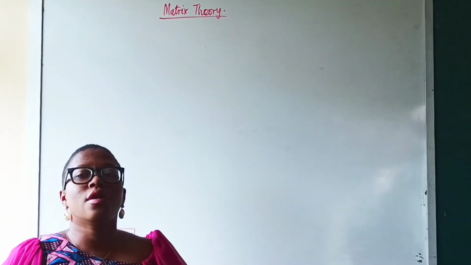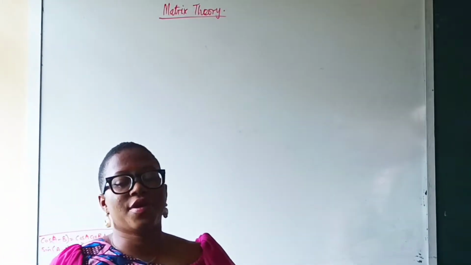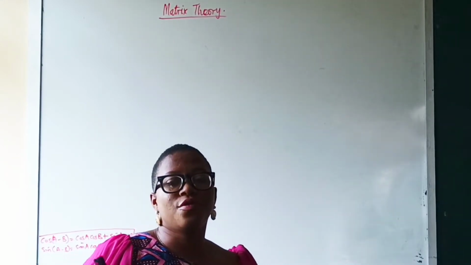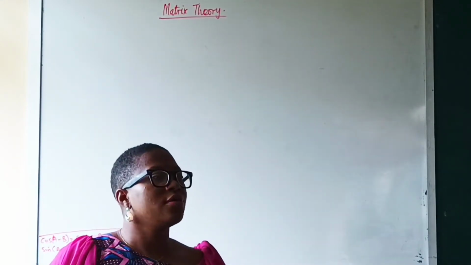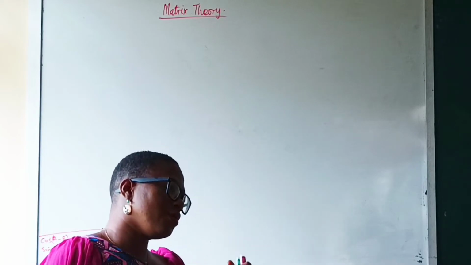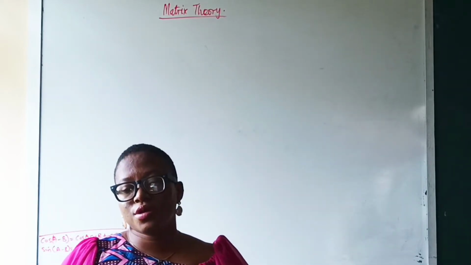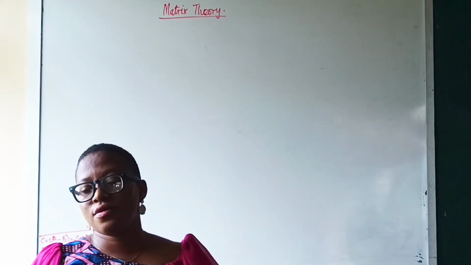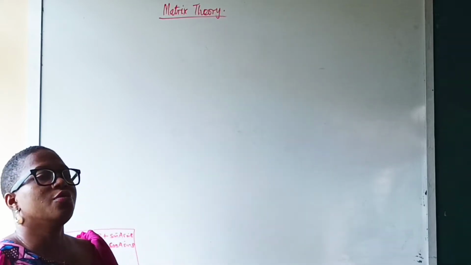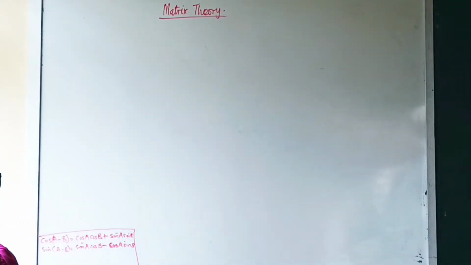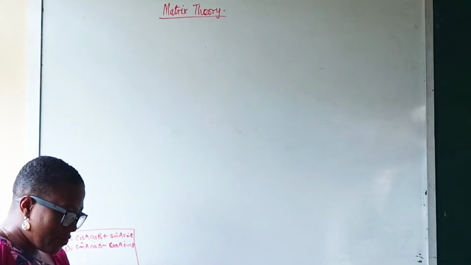So some areas of application of matrices are geometry, which we just did. We also have ODEs, and then we have systems of equations. So we are going to be taking systems of equations now. What are systems of equations?